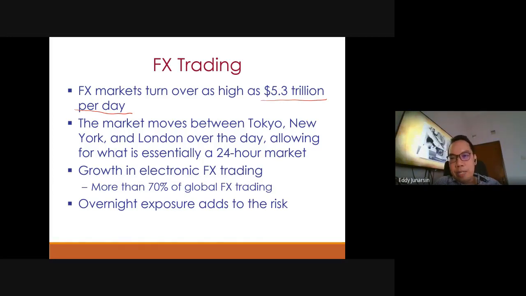Only 100 billion a day. That's big enough, right? Maybe already the biggest equity market in the world. But foreign exchange markets in the world have a turnover of more than $5 trillion a day. This is like a huge big cake, right? A wonderful cake for the market players.